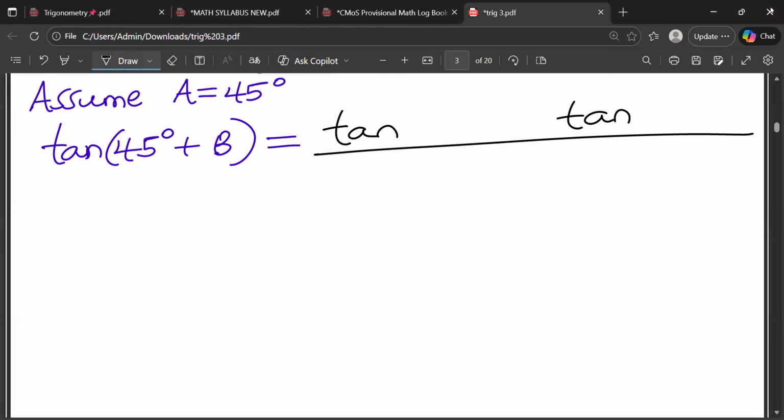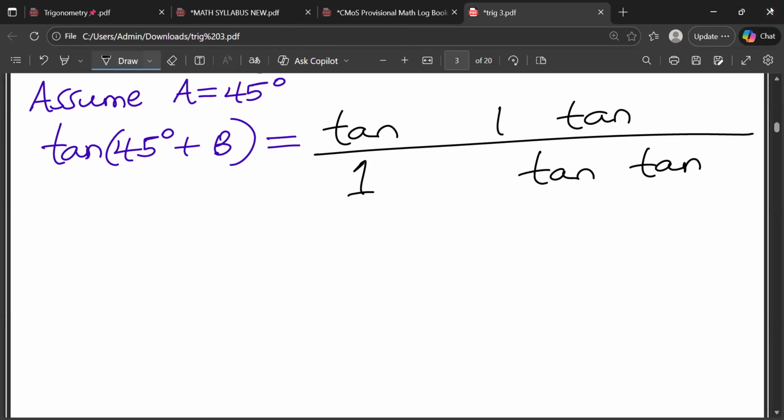Over 1, then tan. So since tan theta equals sine theta over cos theta, we maintain the sign on the numerator since we're using the sine.